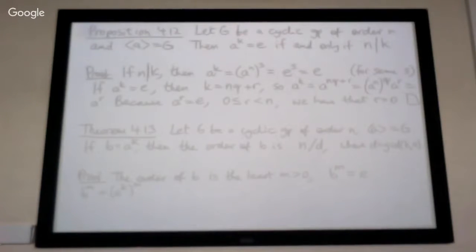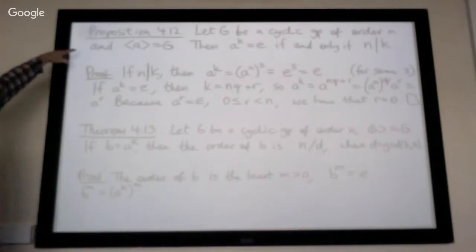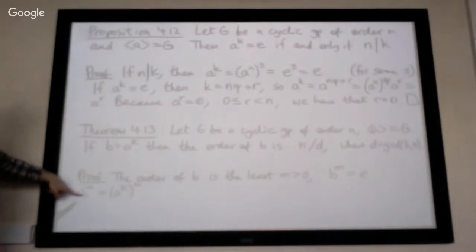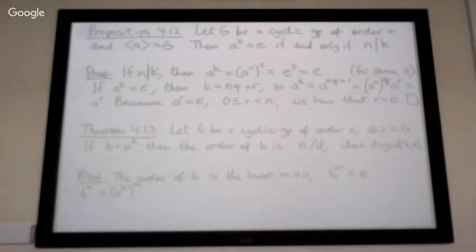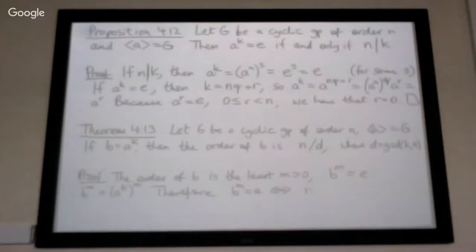So now, because of this equality that I've just written, b to the m is the identity if and only if n is a divisor of k times m, by that proposition above.